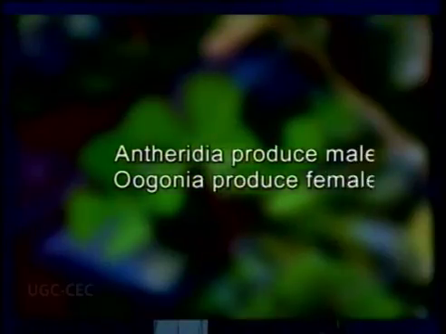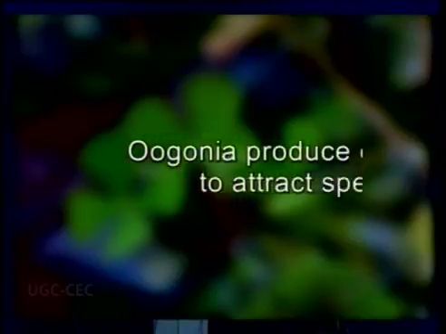Now we will discuss the fertilization of Oedogonium. In Oedogonium, the male and female gametes are produced by antheridia and oogonia. It is said by recent investigation that the oogonium produces certain chemical substances which attract the sperms.